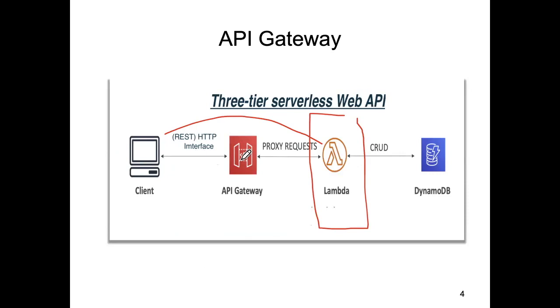API Gateway can perform transformation of that data if necessary, let's say from XML to JSON, or JSON to YAML. It can perform validation of that data, although that's frowned upon by some people. Some people feel that validation should be done by your Lambda rather than API Gateway, but the option is there.